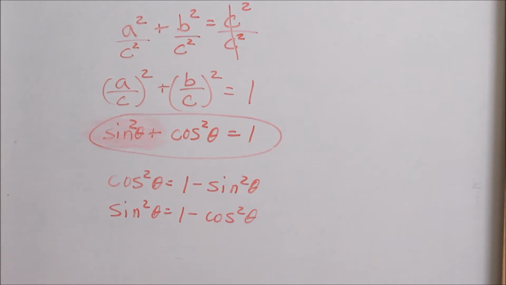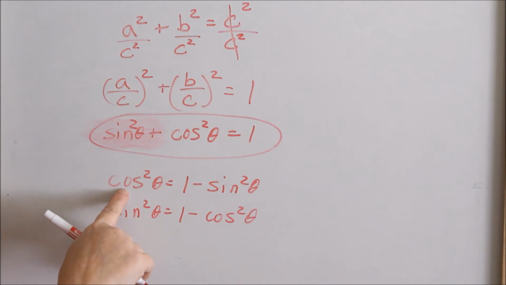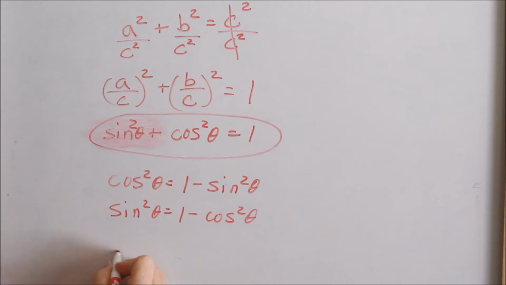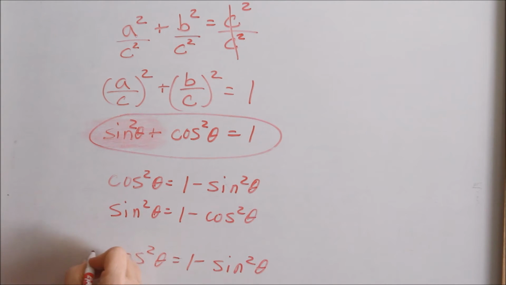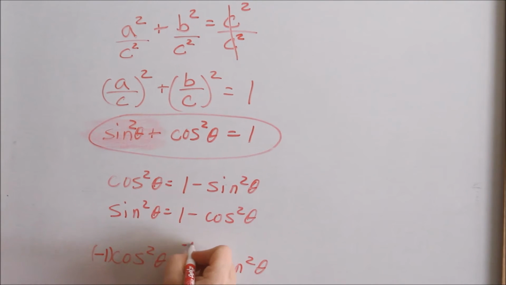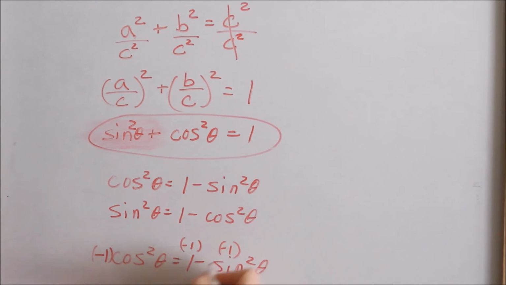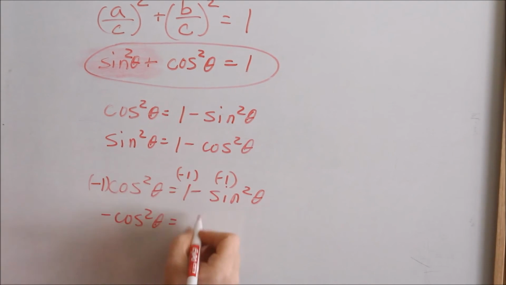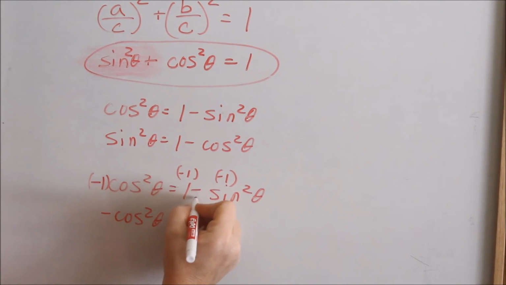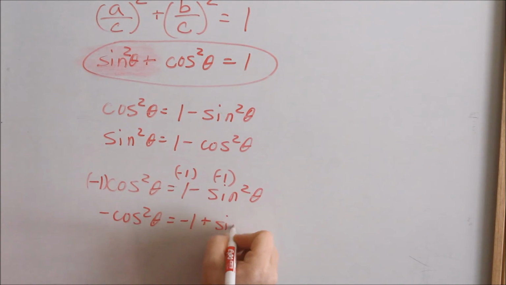We can also put negatives in here. What if we wanted to make this a negative? We multiply it by negative 1. Okay, so I'm going to rewrite that: cosine squared theta equals 1 minus sine squared theta. If we multiply that by negative 1, we have to multiply everything by negative 1, which means we would have negative cosine squared theta is equal to negative 1 plus sine squared theta, since negative 1 times a negative is a positive.